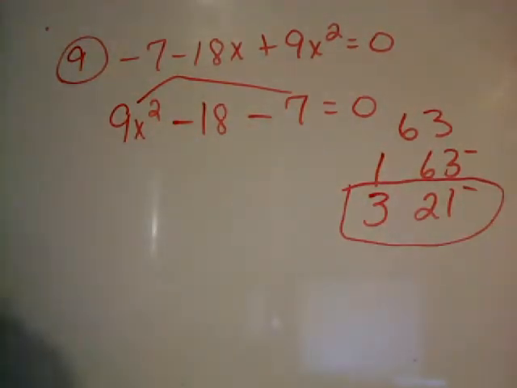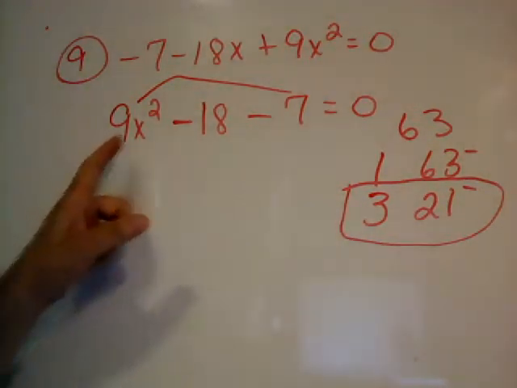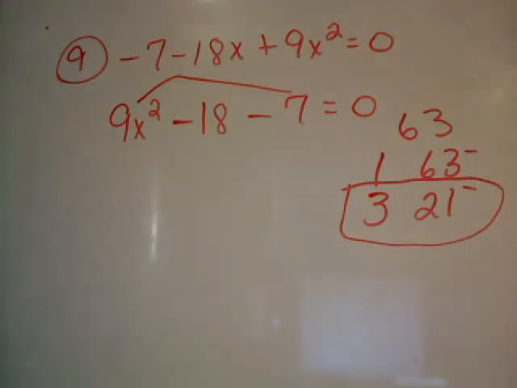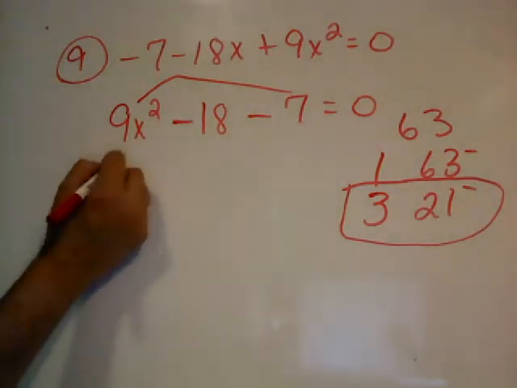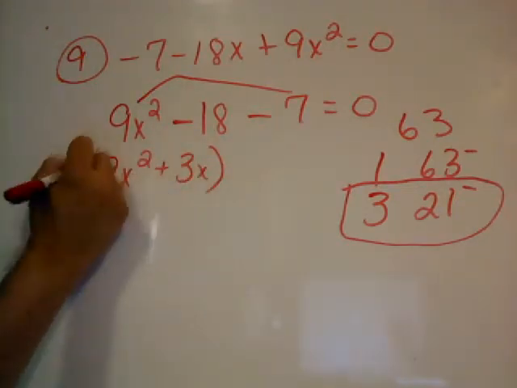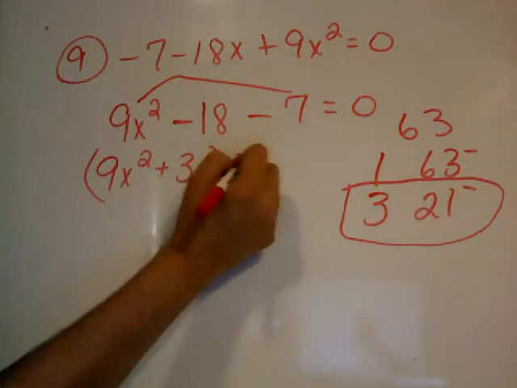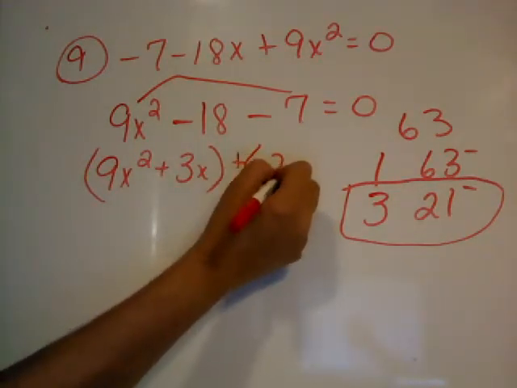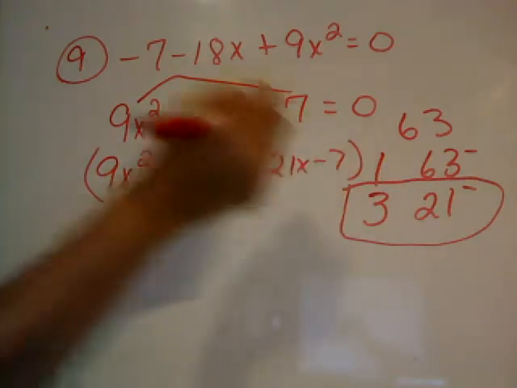Okay? So I'm going to pair the 3 with the 9 and the 21 with the 7 because those can be factored really nicely. So I'm going to say 9x squared plus 3x plus negative 21x minus 7.